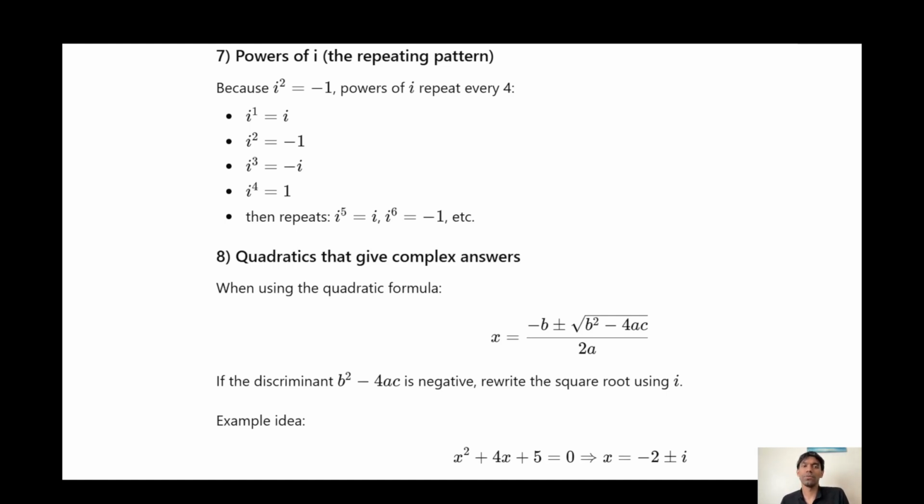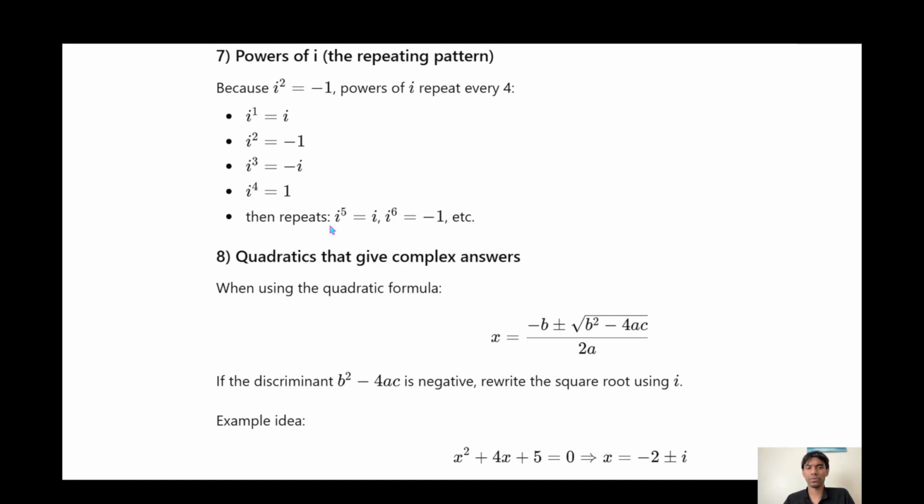Now moving on to powers of i, the repeating pattern. Because i squared is equal to minus 1, powers of i repeat every 4, or power of 4. So i to the power 1 is equal to i, i to the power of 2 is equal to minus 1, and then i to the power 3 is equal to minus i, and i to the power 4 is equal to 1.